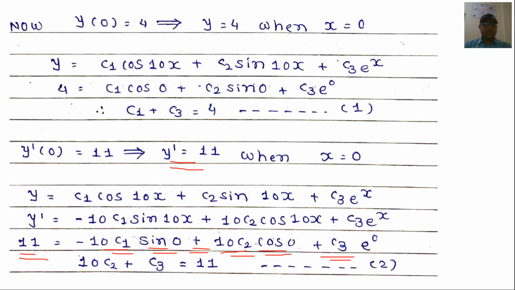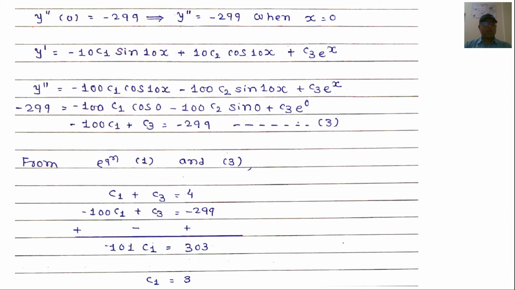On simplifying this you will get equation number 2, that is 10 c2 plus c3 is equal to 11.